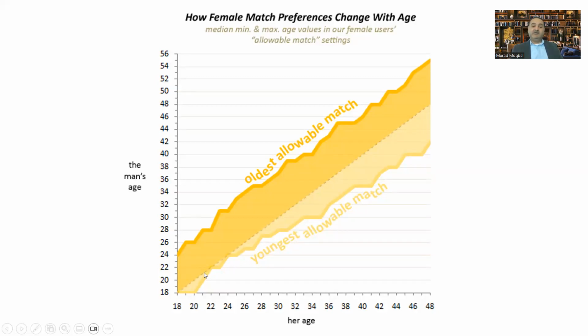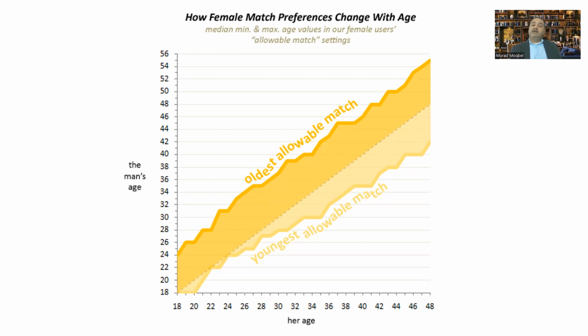There is a trend for females: they prefer to date males who are older than them, until they get to an older age where it almost halves. They are willing to date those who are younger than them, but in the early ages, they prefer males who are older.